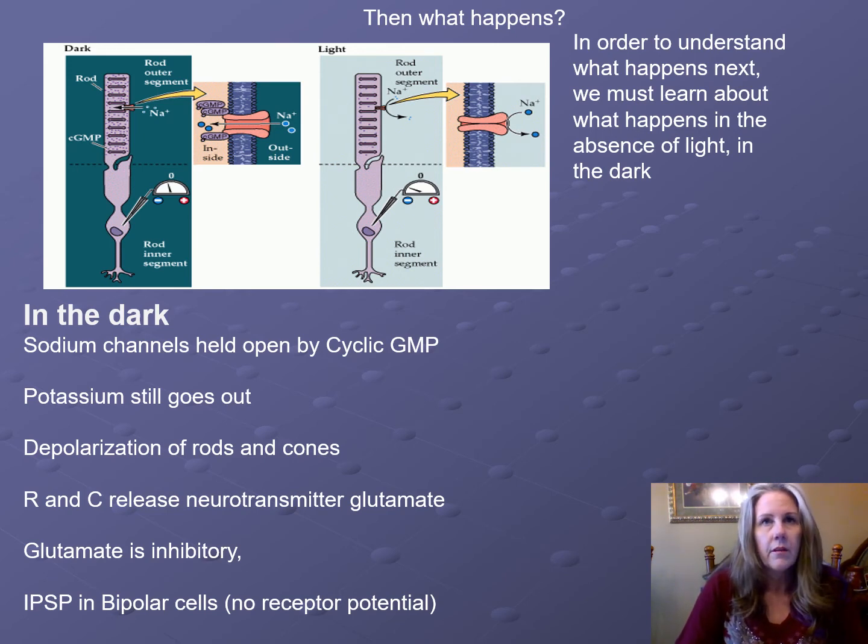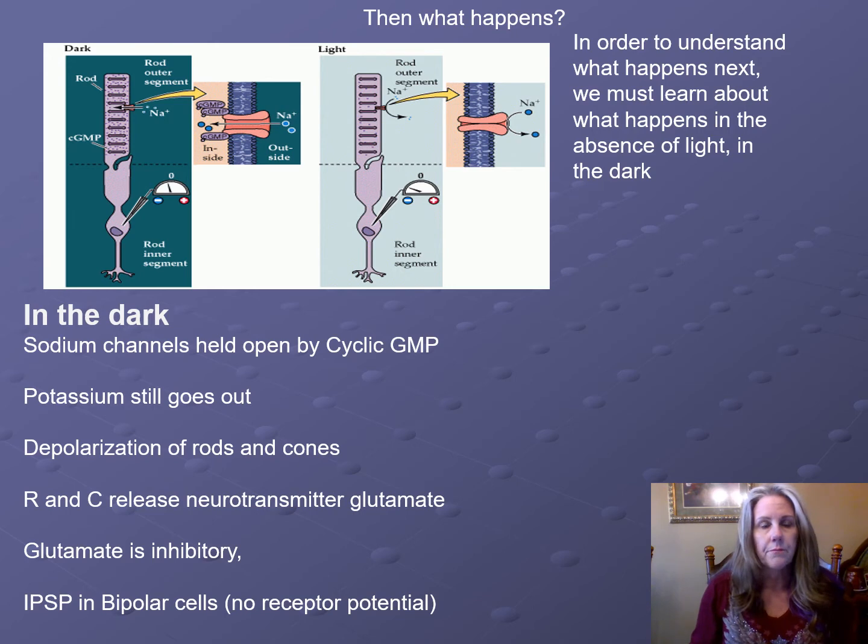So in order to find out what happens next, the best way I've found is to take a step back and teach you what happens in the photoreceptor in the absence of light, okay? Because to truly understand what happens next, you have to understand first what's going on in the photoreceptor when there is no light at all, in the absence of light, okay?